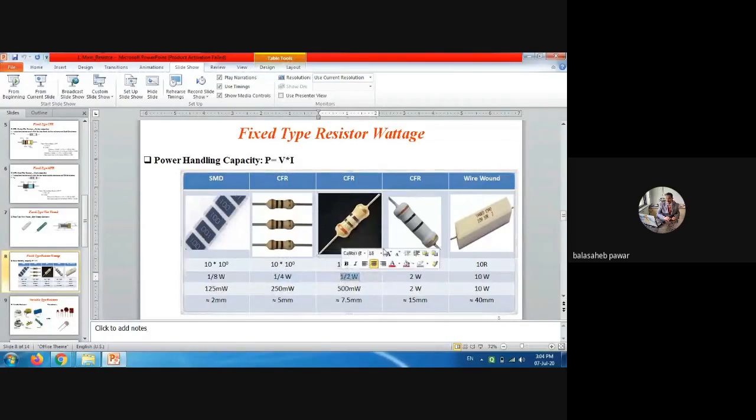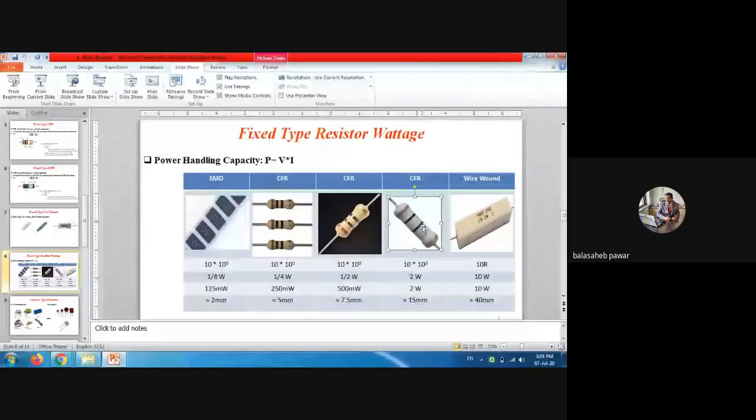This resistor can handle 2 watt. And the last one, it is already mentioned over here, is 10 watt. So remember, as the size of the device increases, its power handling capacity also gets increased. Or to improve the power handling capacity, the size of the device also gets increased. Is it clear? So see, everything I have written over here.